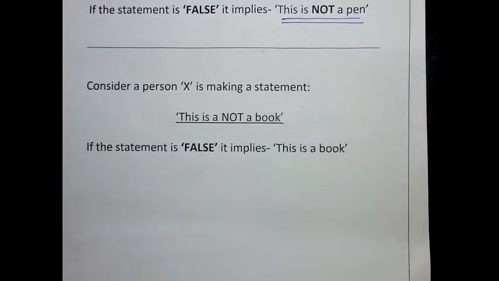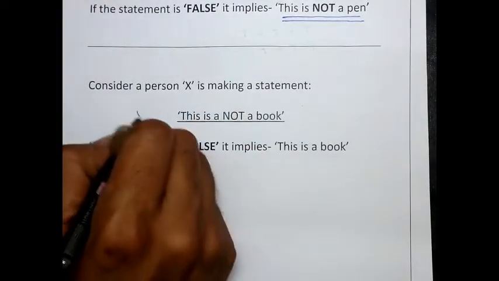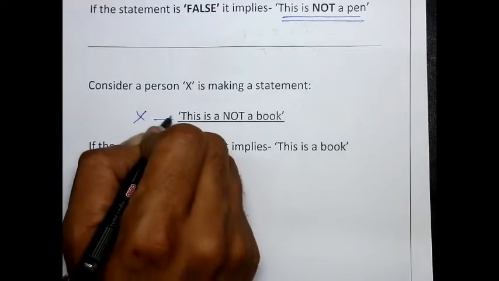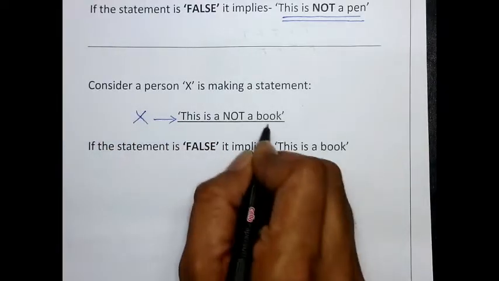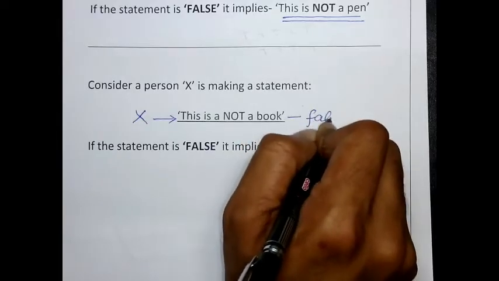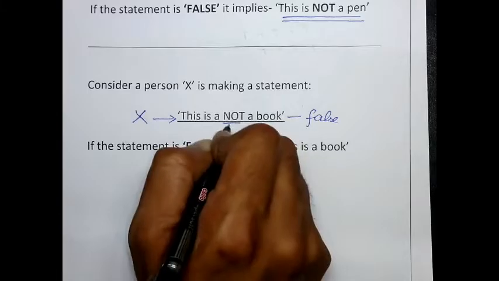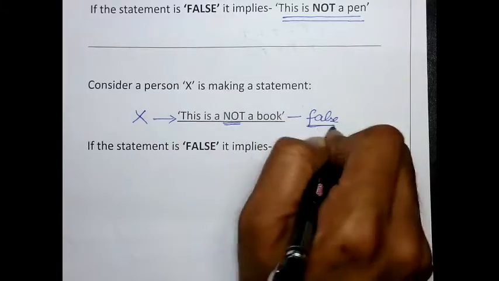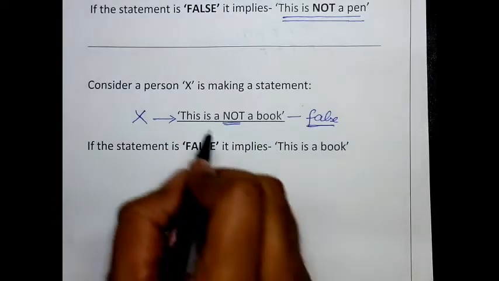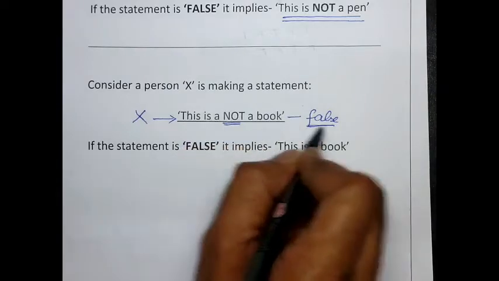Consider another situation. A person X is making a statement, "This is not a book." If I know that this statement is false, what does it mean? Double negation makes the statement positive. So this is not a book.